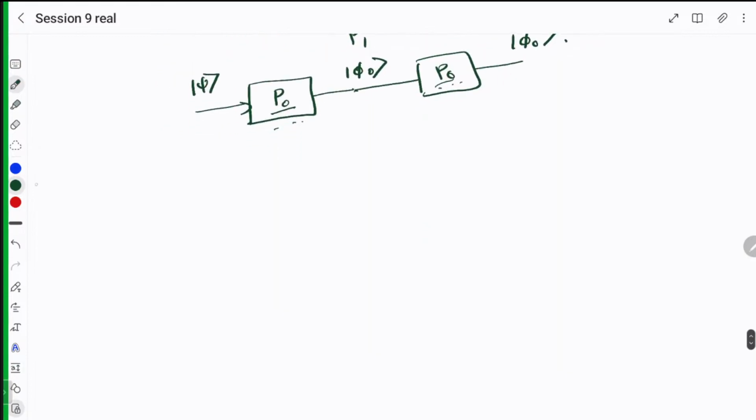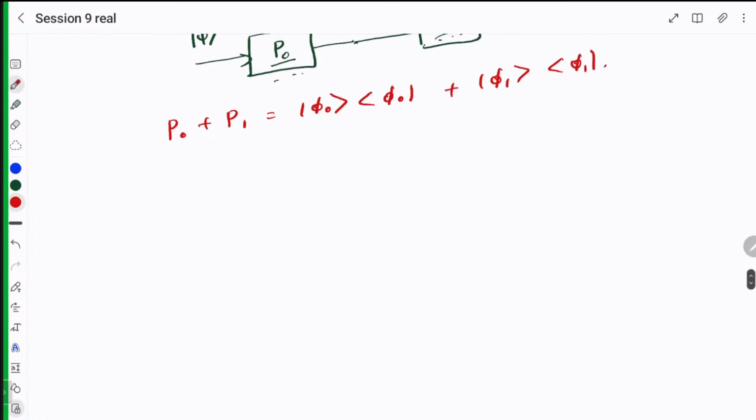The other thing you'll notice is that if you take the sum of these two operators, it would be something like this. Let's say I take phi naught to be some general state in C2.